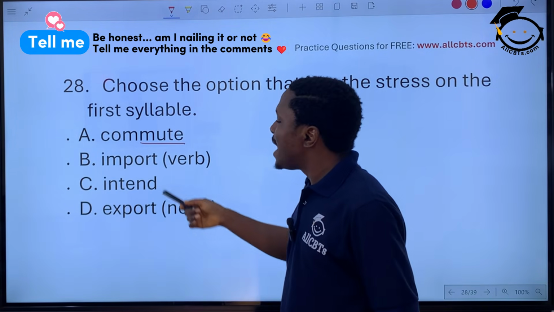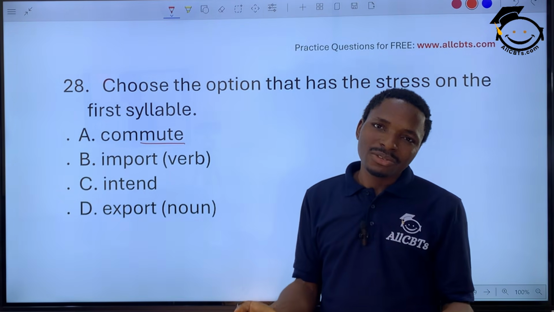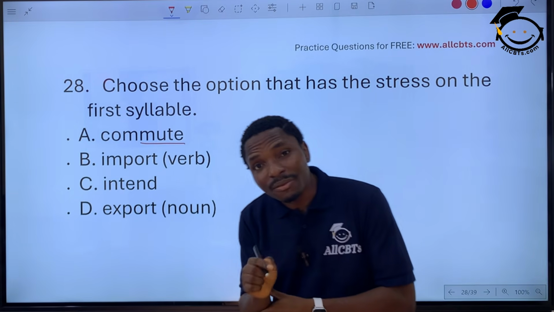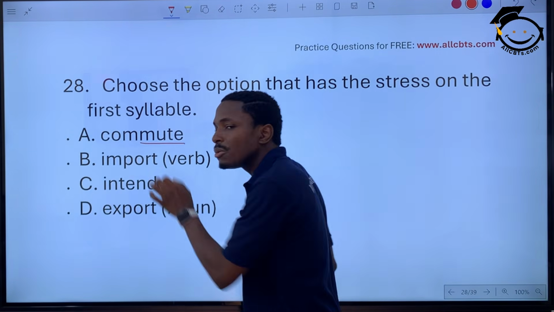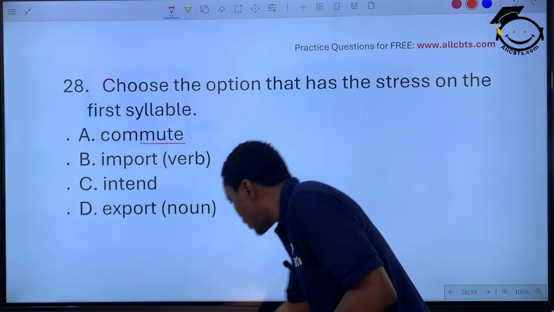Okay, now I explained that a word can appear in different forms. Now, the examiner will tell you which form he is testing you on. Because import, we have it as a noun, which is a naming word.